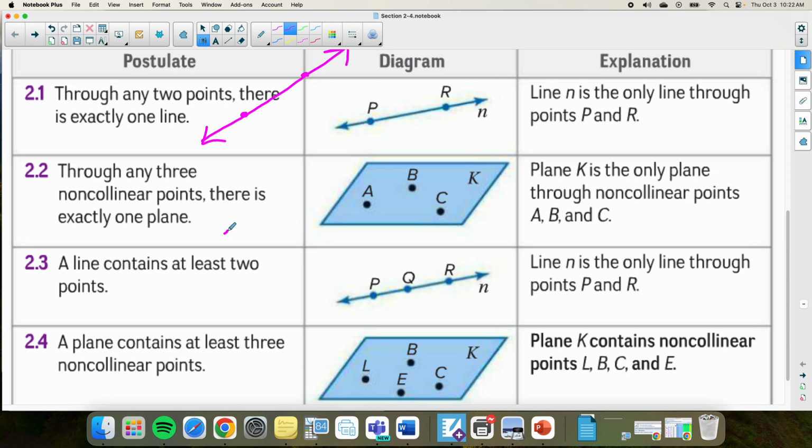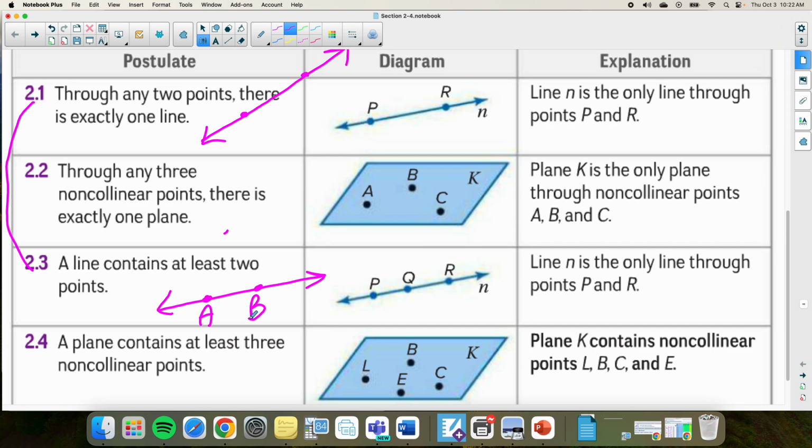Then if we look at 2.3, this one is kind of related to 2.1. It says if you have a line, then we know you have at least 2 points. You could have 1,000 points on that line, but we know for sure that you have at least 2.